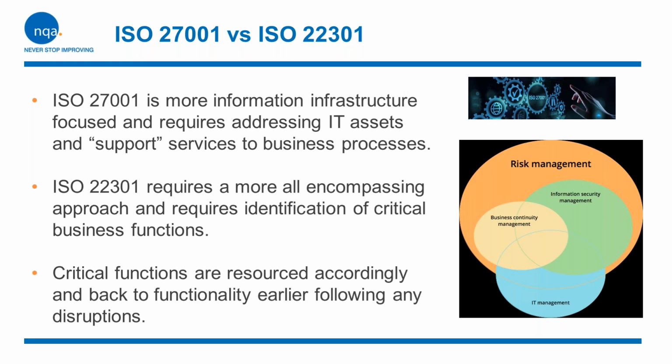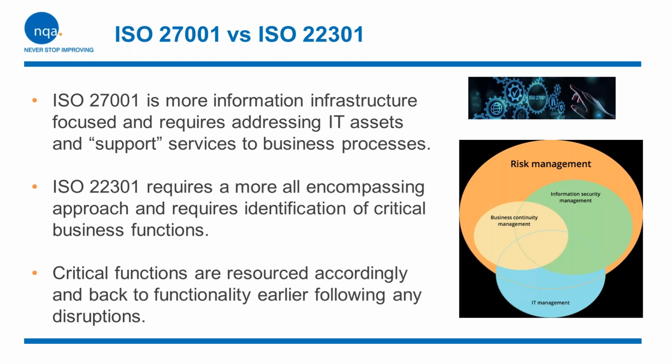It's more specific to information infrastructure and requires the addressing of IT assets and their support services to the business processes. 22301 requires a greater scope and approach and ensures that an organization identifies critical business functions. Those functions are then resourced accordingly, and a roadmap back to functionality after an event is put into place. Information security considerations will naturally be folded into that process in 22301, which again is more holistic in approach. So there are some brief advantages and differences between 27001 and 22301.